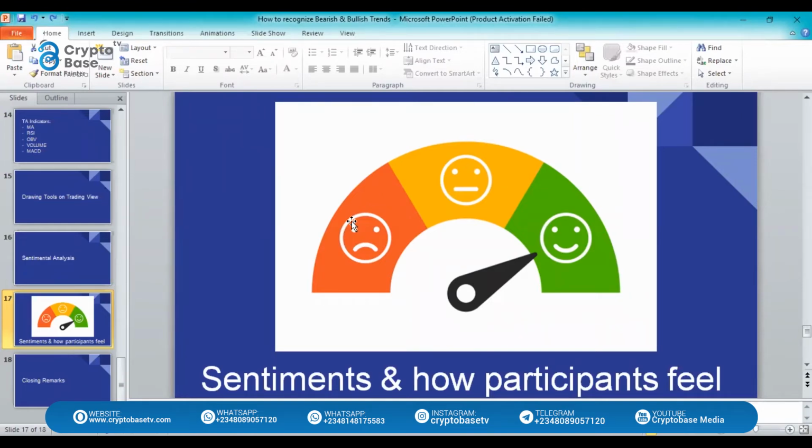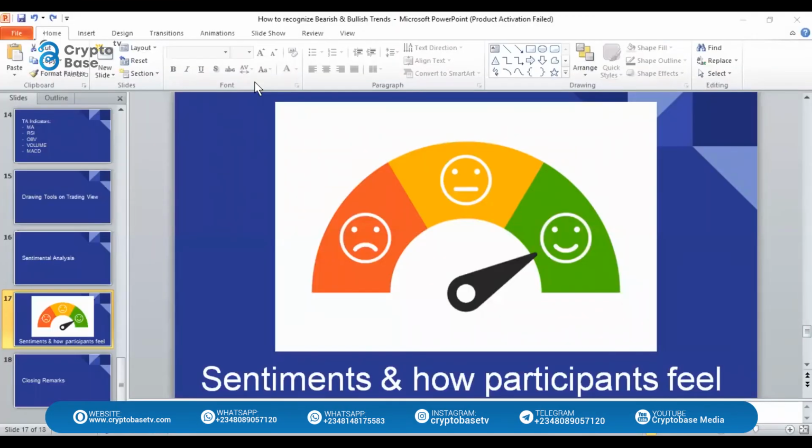Sometimes the market will be bullish in fundamental analysis. Everybody will be saying, oh, we are supposed to move, everything is supposed to be bullish because of fundamental analysis, maybe because we had some news. Let's say some institution traders bought in and then they announced it in the news.